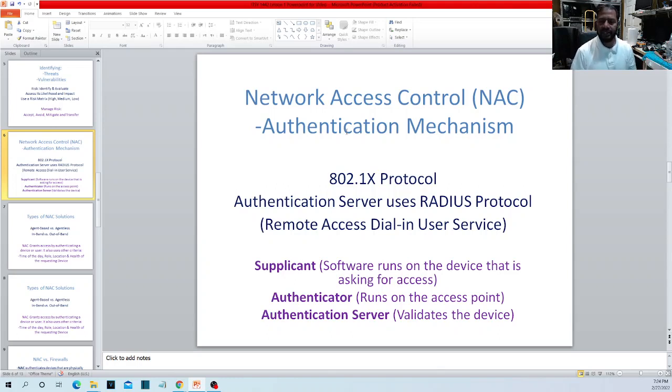In that case, this access control works. The 802.1X protocol is very widely used, like an industry standard for this kind of authentication. Again, the supplicant is the computer requesting the access. The authenticator is the router or whatever resource you are trying to access. And the authentication server is the validator, the one who checks and authenticates you.